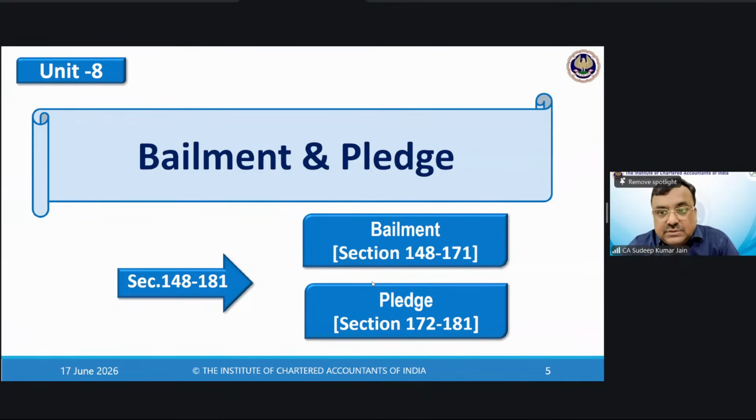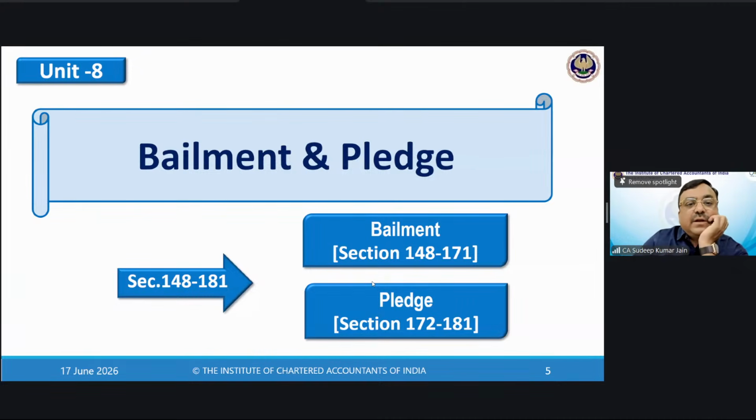Bailment is a contract by which there is delivery of goods by one person to another for a specific purpose or period, with that condition.